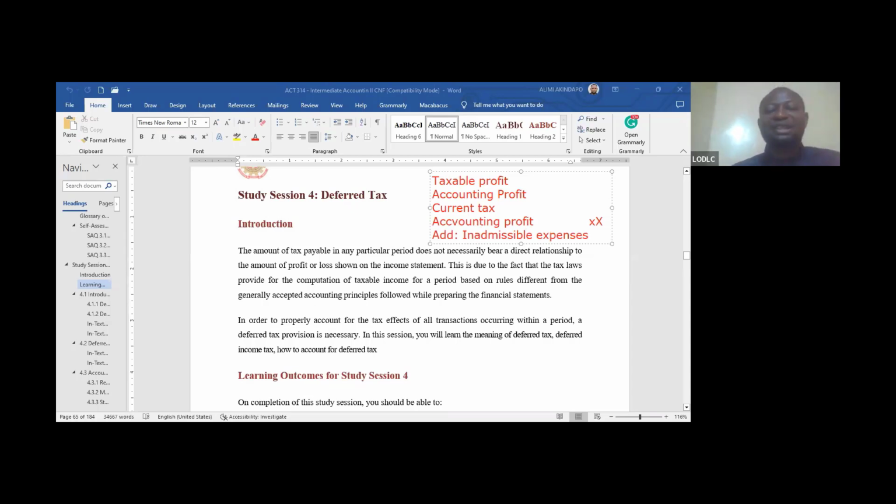Now, what are inadmissible expenses, and what are admissible expenses? Those are the two things that we need to understand. After that, we less admissible expenses to arrive at taxable profit.